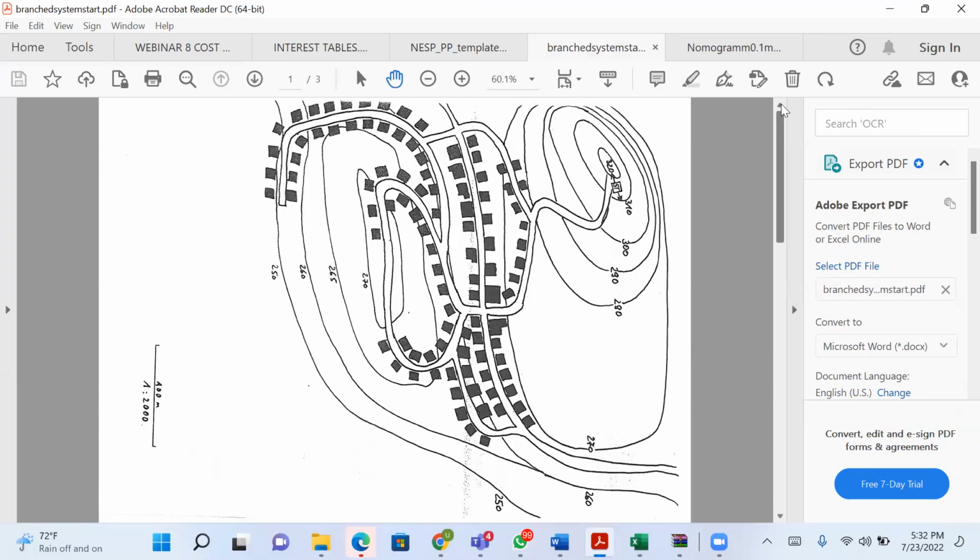Open this file from your system because we need to do some calculation. Get a pen, get a notebook or something to write, a pad or something. From this end to here, this is node 6. This is node 13.